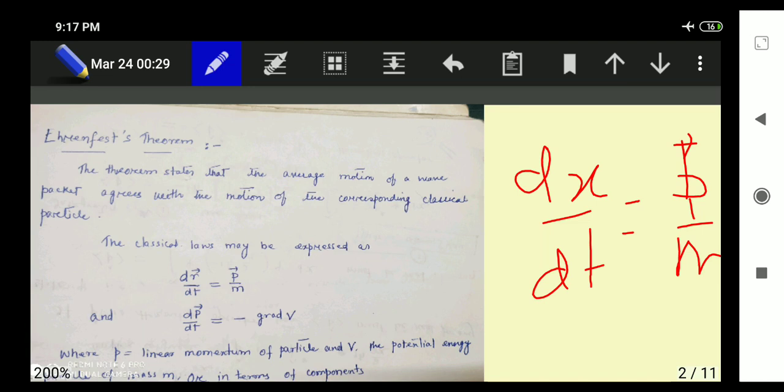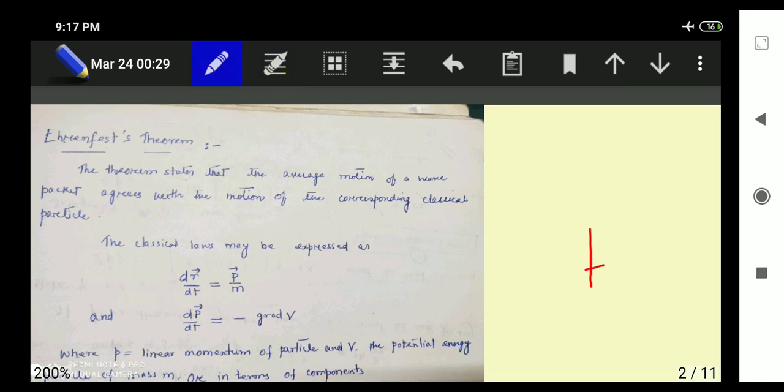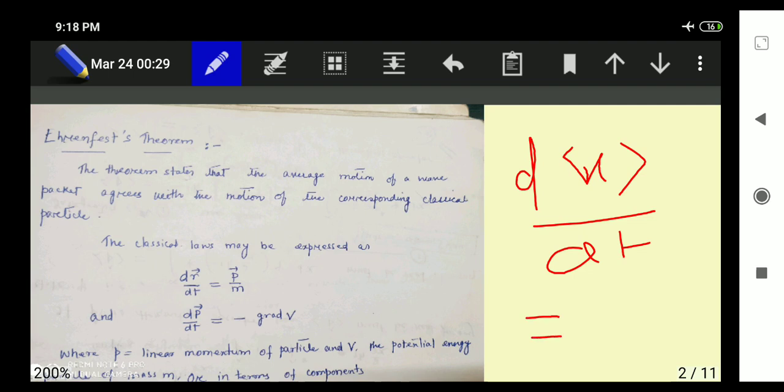For example, we'll try to prove that d/dt of the expectation value of position is equal to the expectation value of momentum divided by m, the mass.